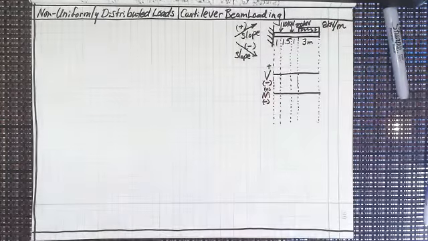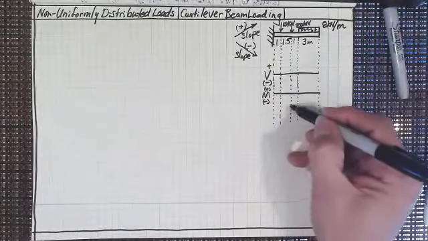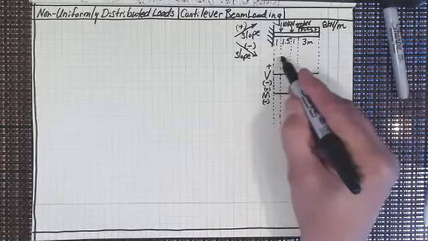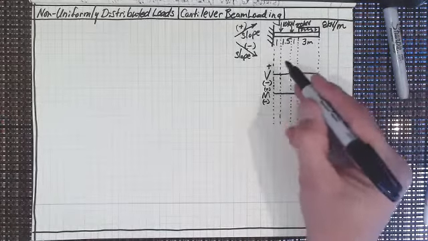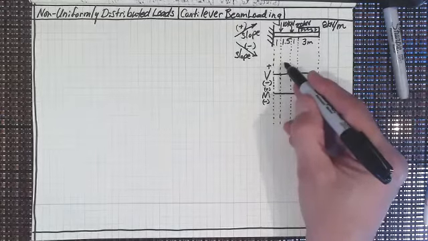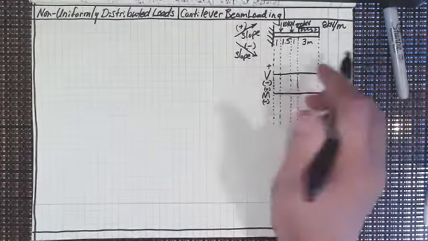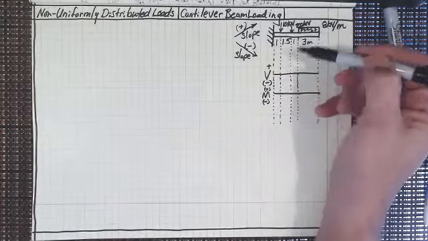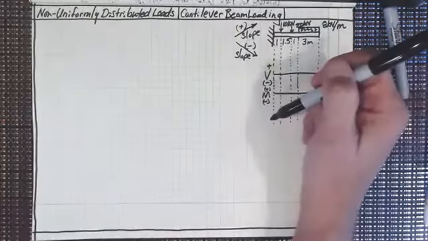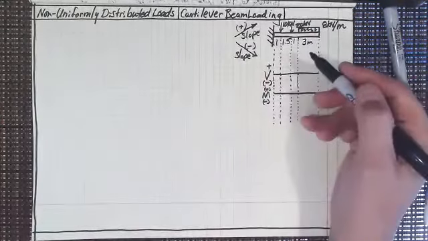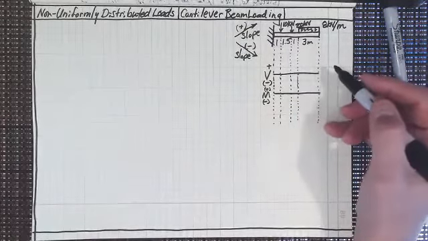Everybody realizes that, right? So as I start to go up here, I'm going to have a positive slope, so I'm going to have positive this, because I'm really just integrating this into this. And in fact, we're integrating this into this. So let's see how that works out for us.